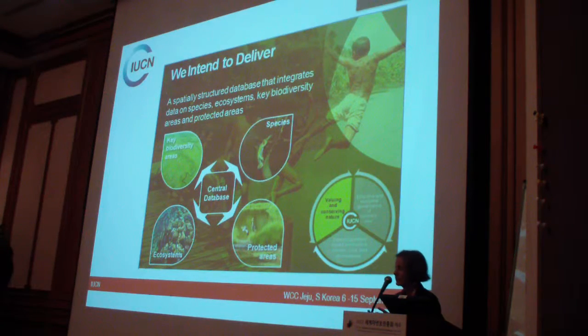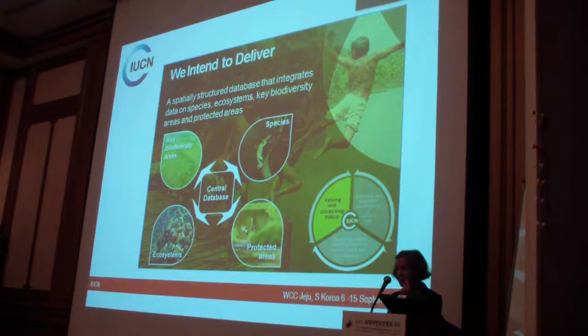And we're actually looking to integrate them eventually in a central data repository as well. So the 4 are the IUCN Red List of Threatened Species, the World Database on Protected Areas, the new Red List of Ecosystems, and key biodiversity areas. So we're going to talk more about the detail of all these as we go through.